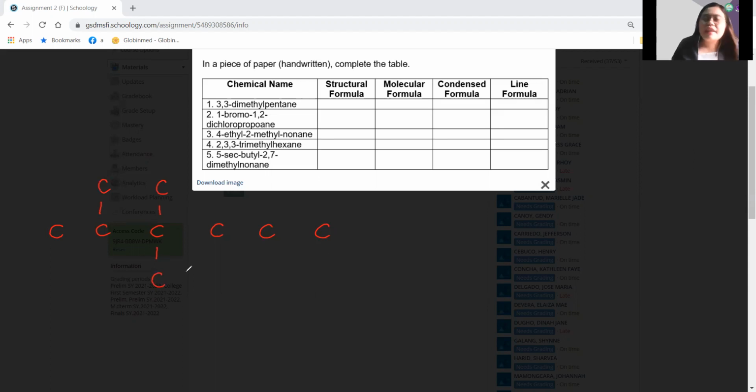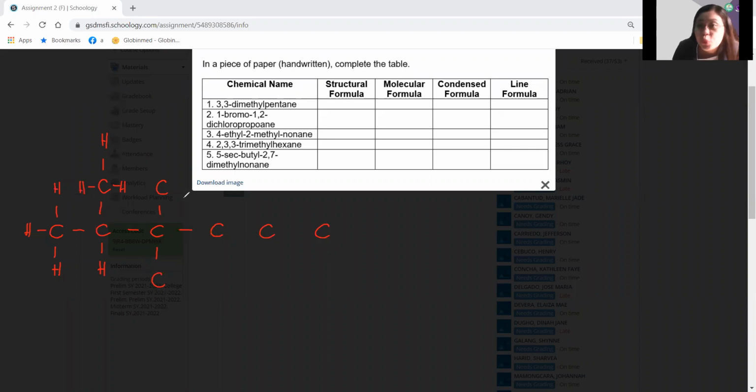Now after writing the substituents, we will fill in now the hydrogen. So 4 na bonds ha, 4 na bonds. So ang kulang na bonds, yan yung lalagyan natin ng hydrogen. So this one is only 1 bonding, so kailangan niya ng 3 hydrogen. But this one, kompleto niya na yan, yung 4 na bonds.